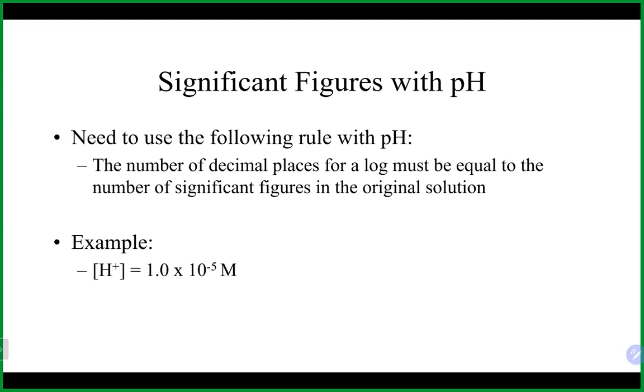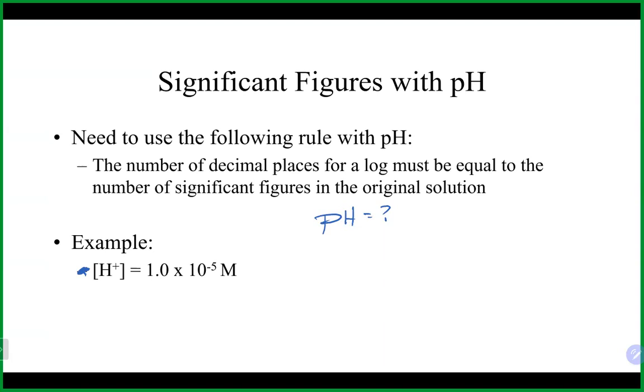So here we're going from sig figs to decimal places, and vice versa if you're going backwards, which we'll talk about, decimal places to sig figs. Why don't you try one here? We have an H plus concentration of 1 times 10 to the minus 5. Calculate the pH to the proper number of digits. See what you come up with.